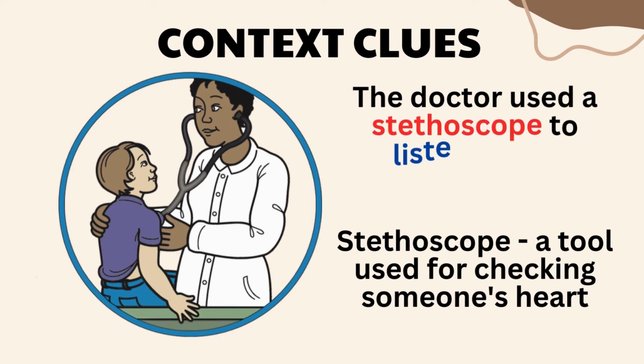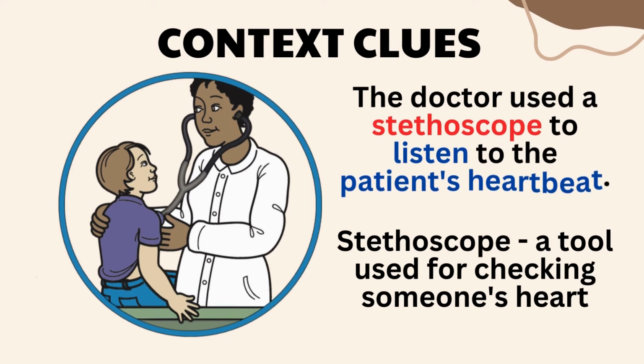For example, if you're reading a sentence that says, "The doctor used a stethoscope to listen to the patient's heartbeat," and you don't know what a stethoscope is, you can use the context clues like "listen to the patient's heartbeat" to figure out that a stethoscope is probably a tool used for checking someone's heart.